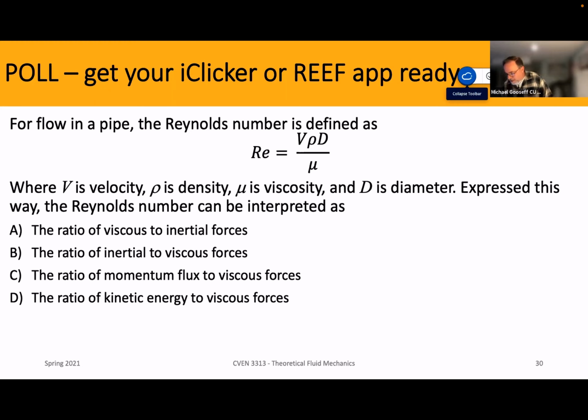So go ahead and get started with putting your vote in. We did cover this a couple slides ago, so you're welcome to go look at that if you'd like. It was when we were assessing the common dimensionless groupings, I think we called it, something like that.